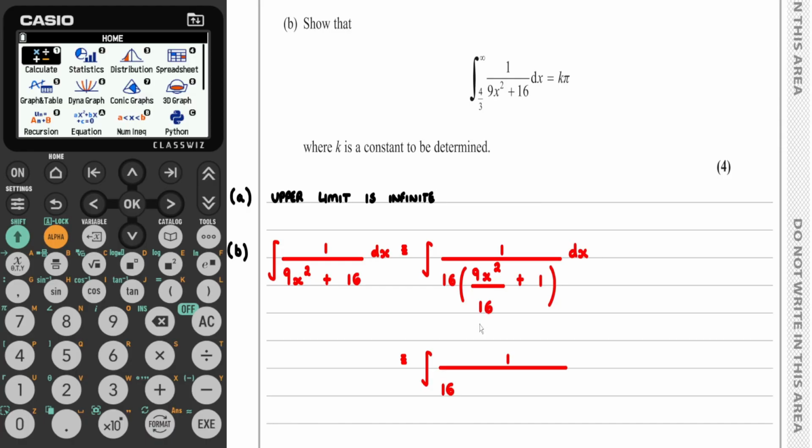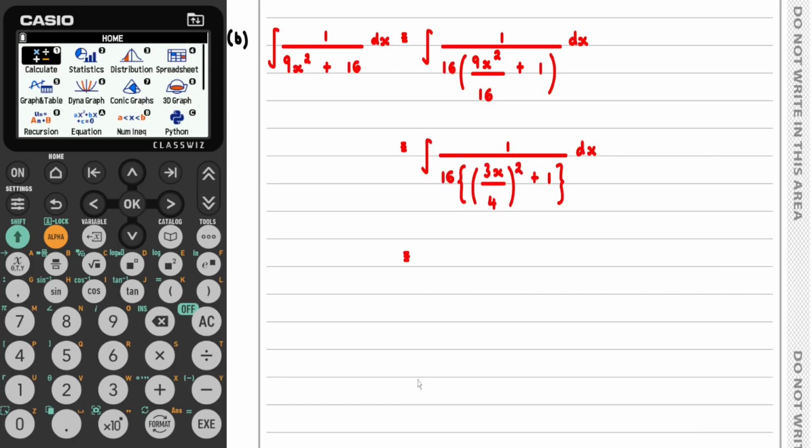The 9x squared over 16 is the same as 3x over 4 squared, and then we add on this 1. So let's take out a 1 over 16 outside of the integral, and then we've got 1 over (3x over 4) squared plus 1, which I'm going to rewrite as 1 squared.